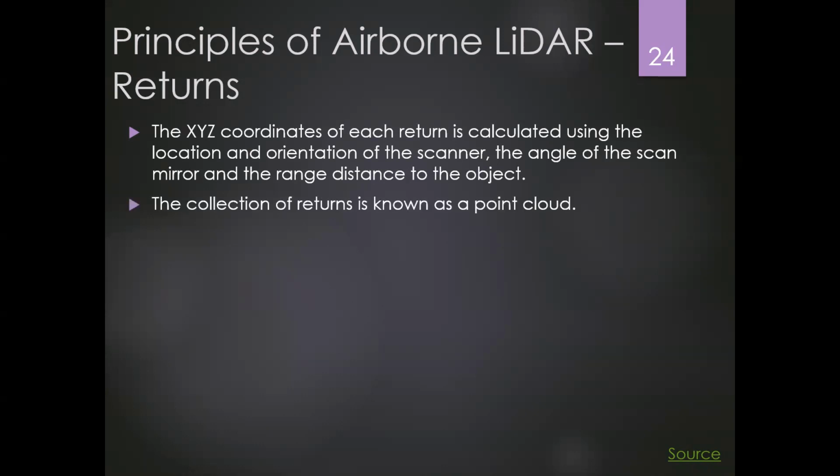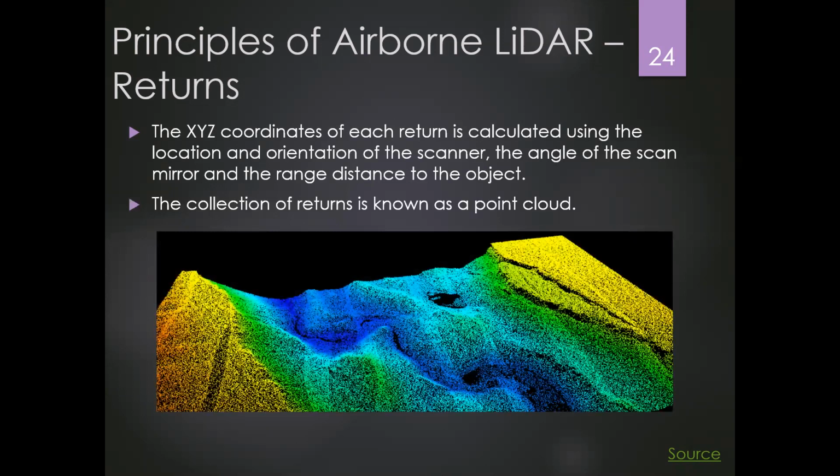So the collection of returns is known as a point cloud because when a sensor finishes scanning a specific area, it will receive a lot of data points. And if you put all those points together using their geographic coordinates, you will get something like this.